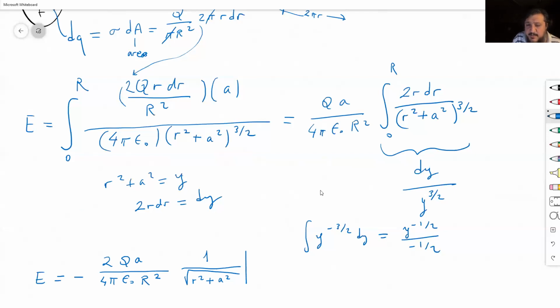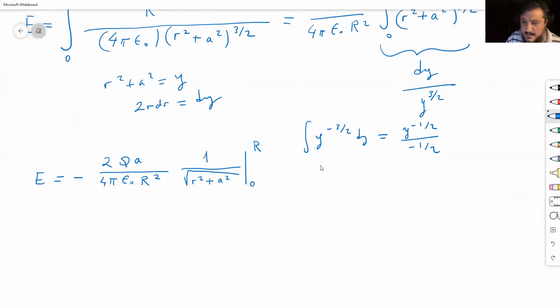Sorry, when r is 0 here, and then r goes to capital R, the upper limit. All right. Okay, so final stages now. We can get rid of this 2, I guess.